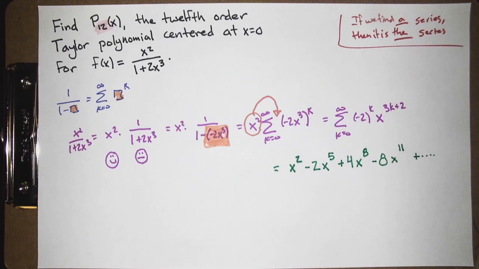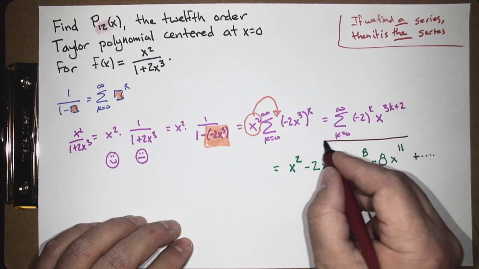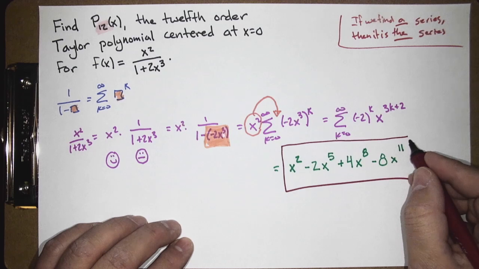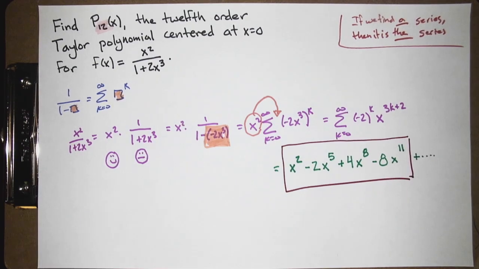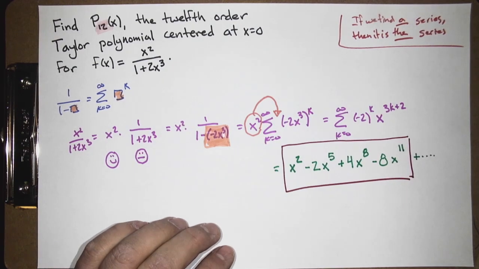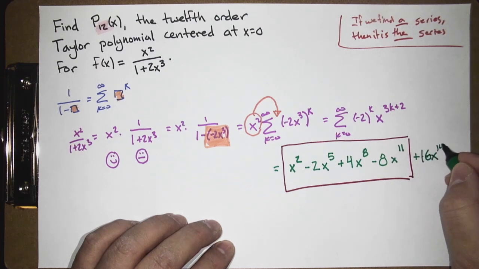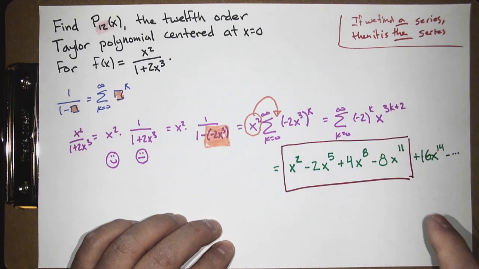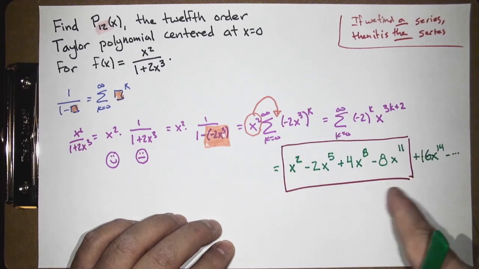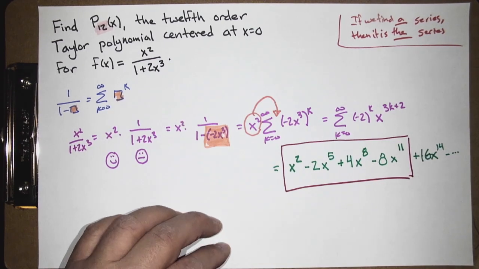And now we say, hey, good news. This part right here, and just to emphasize what happens here, I'll go ahead and write the next term. The next term would be plus 16 x to the 14. You only need to go up to where you have at most power 12.